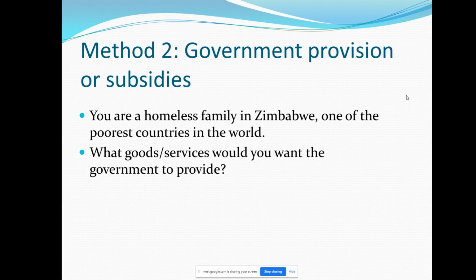Take a look at this example here. If you are some very poor people in Zimbabwe, what kind of goods and services would you want the government to provide? Can you give me some goods and services that you believe are the most important, the first priority to you?